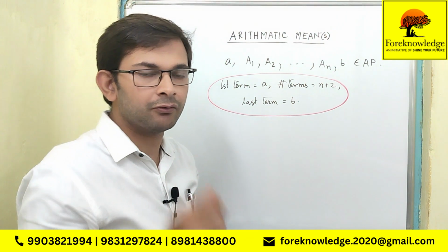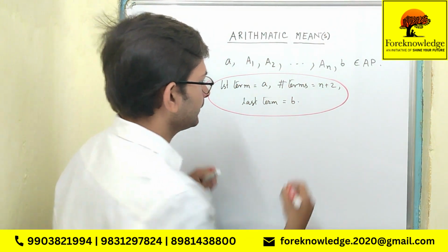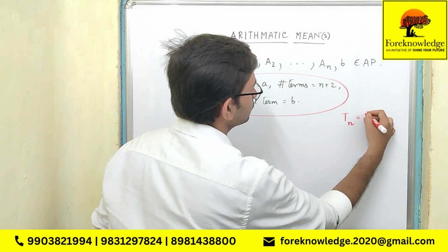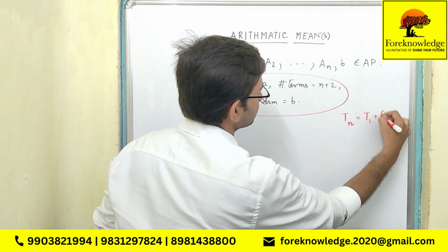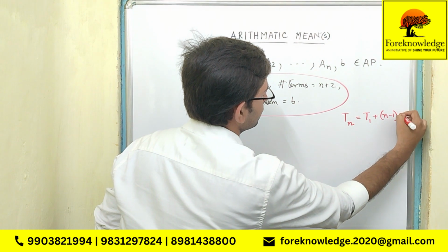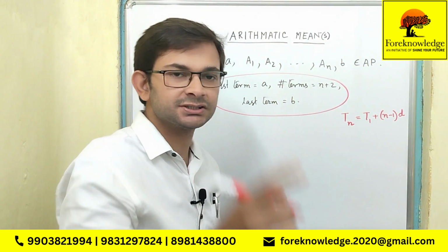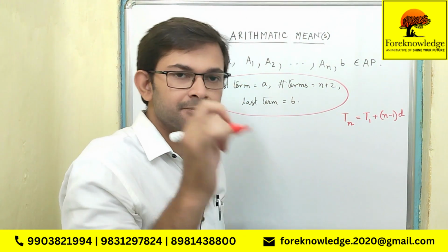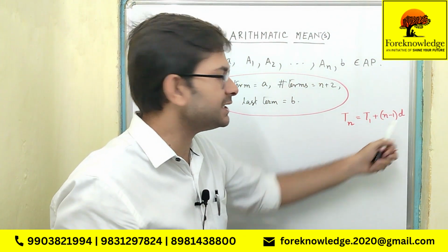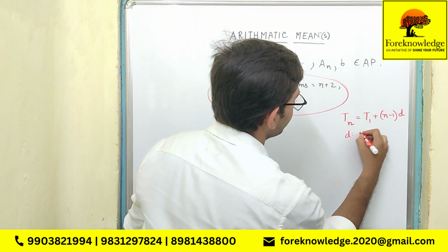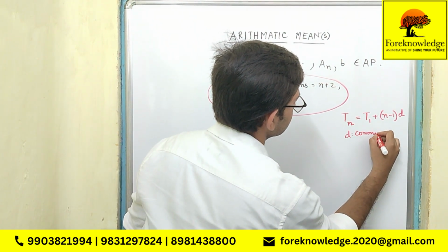Now what is the general term of an AP? We know that the nth term of an AP, Tn equals T1 plus n minus 1 into D, where Tn is the nth term, T1 is the first term, n is the number of elements in the AP and D is the common ratio, that is what we have to find.